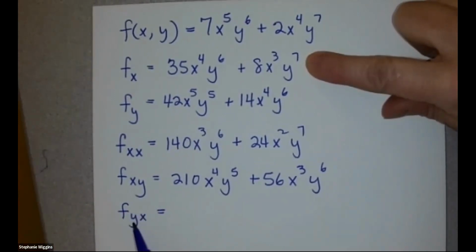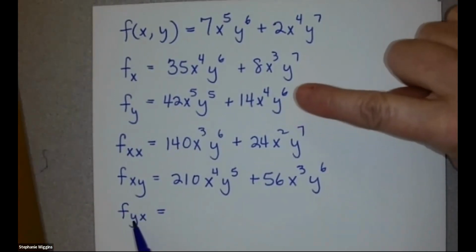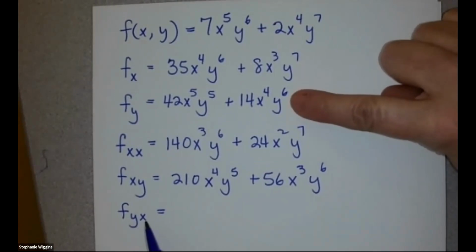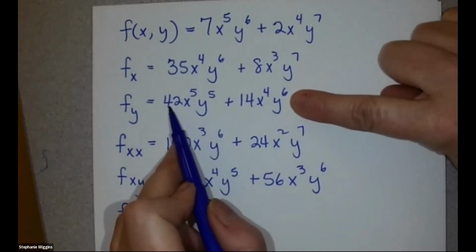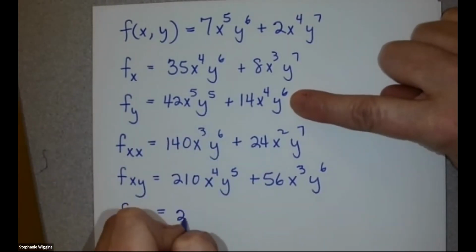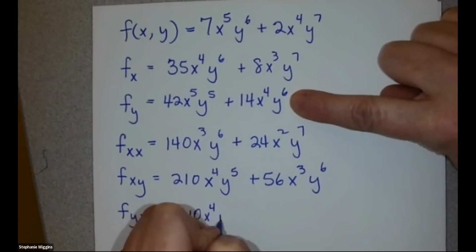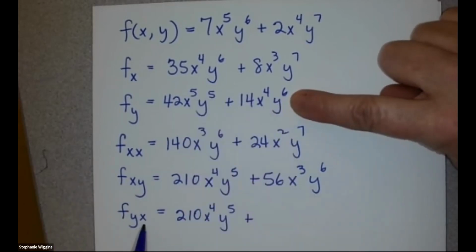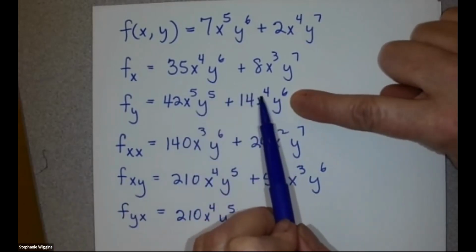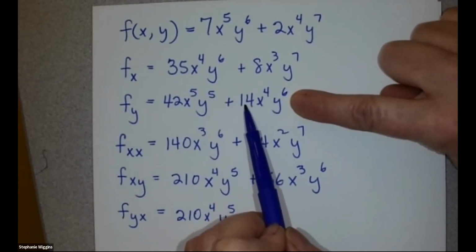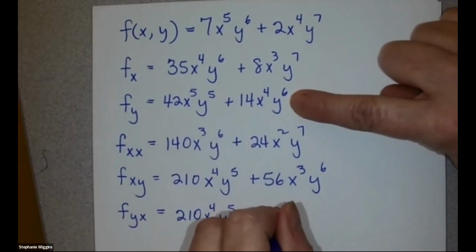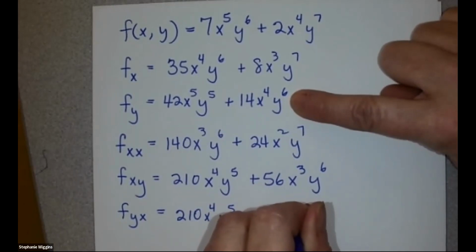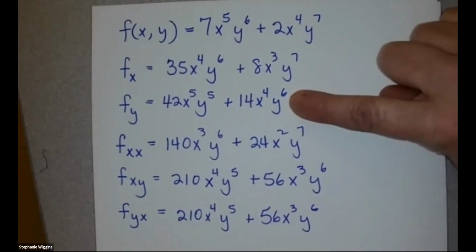So now this first letter here, this y, means I'm going to take this function and differentiate it with respect to x. So that becomes 210x to the fourth y to the fifth plus, differentiating with respect to x, so it becomes 4 times 14, that's 56x cubed y to the sixth.